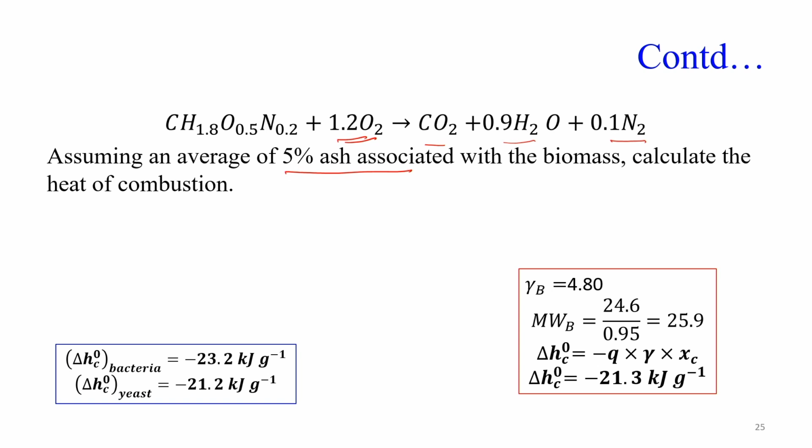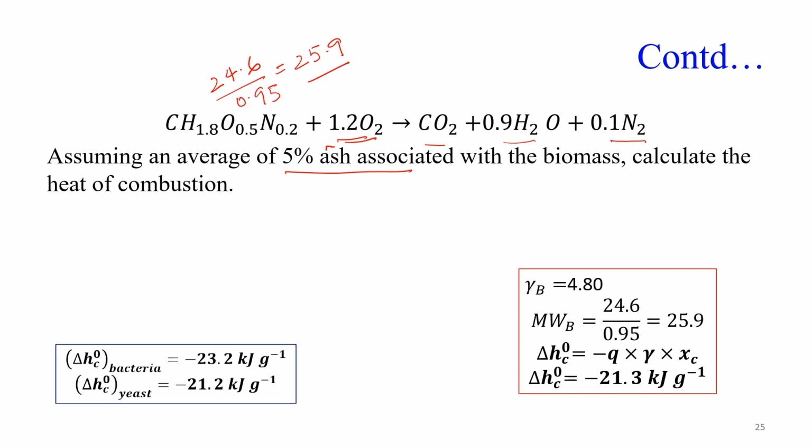It means you have to take care of the molecular weight. So, here the molecular weight of biomass will be, let us say 24.6, if you consider 5% as ash, you have to divide by 0.95, and the actual molecular weight of biomass will be 25.9.